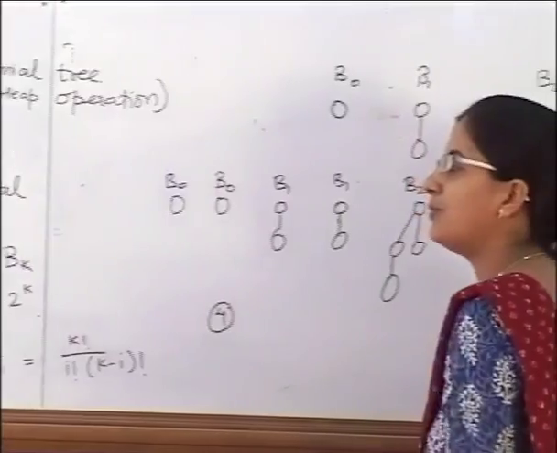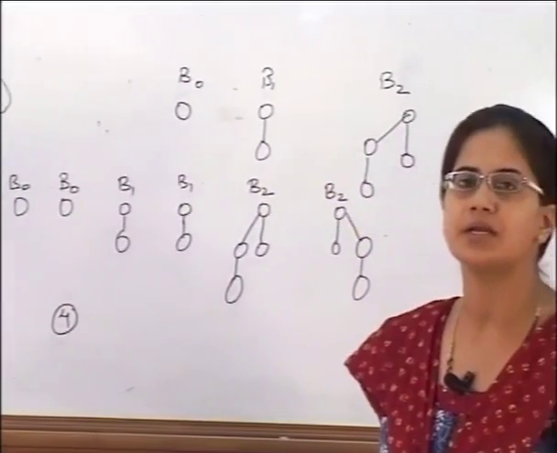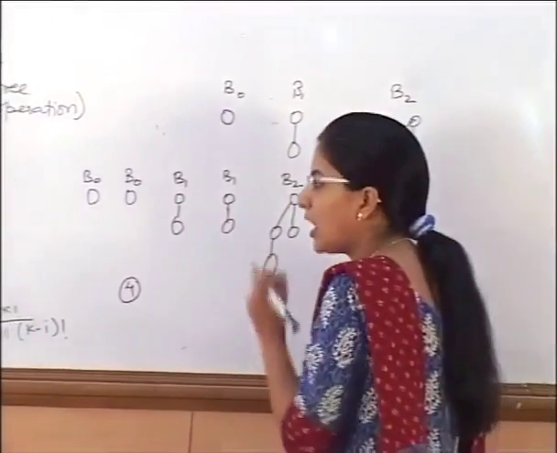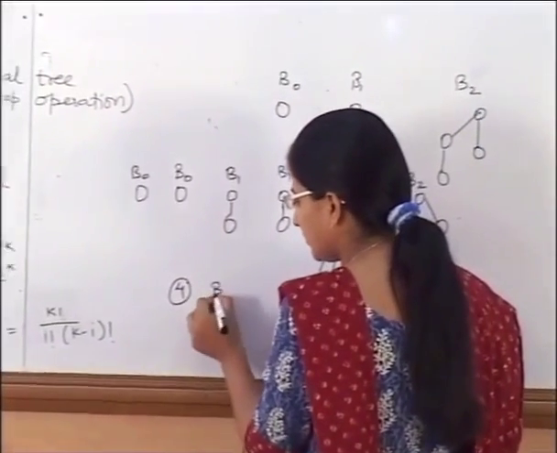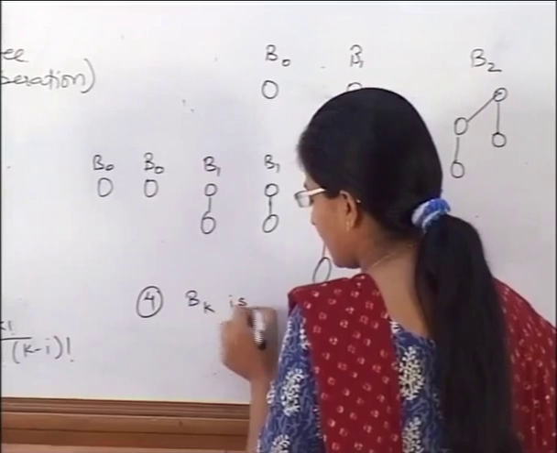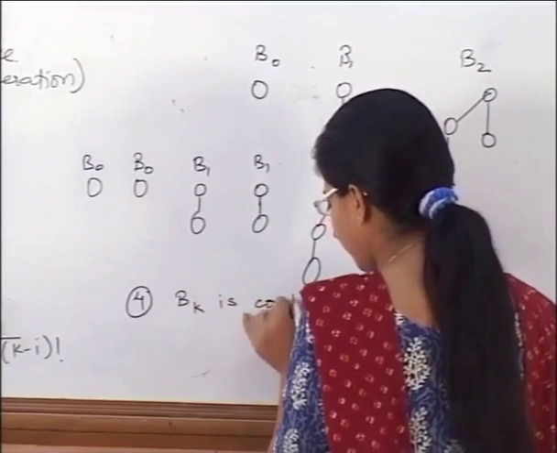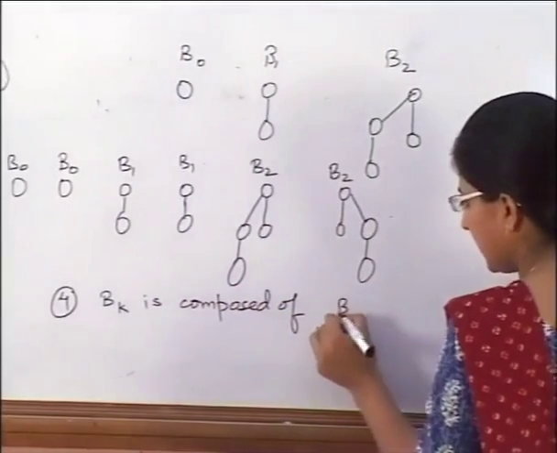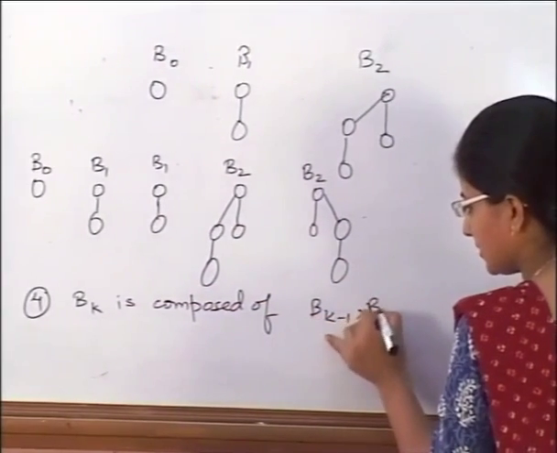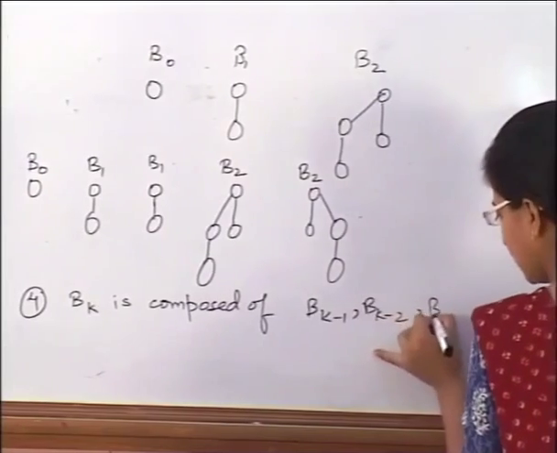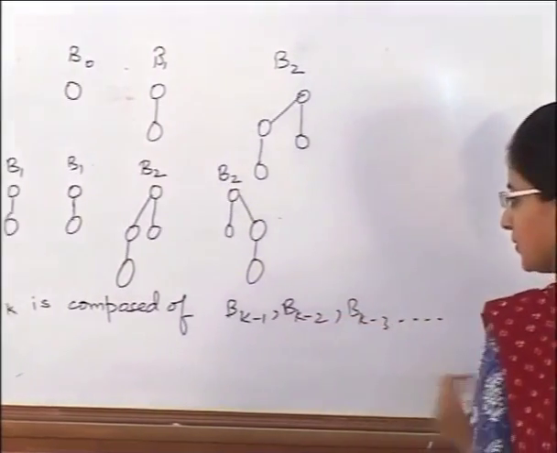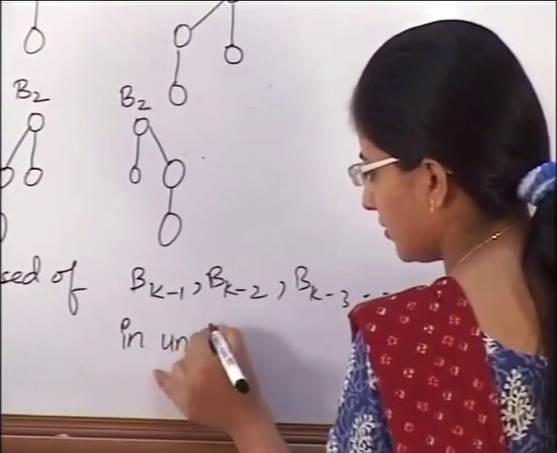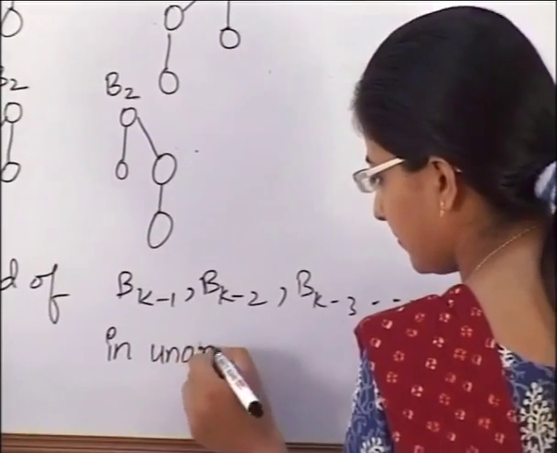Fourth and very important property which distinguishes unordered binomial tree from ordered binomial tree is that unordered binomial tree Bk is composed of Bk minus 1, Bk minus 2, Bk minus 3 in unordered manner.